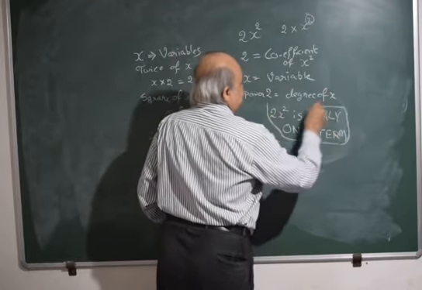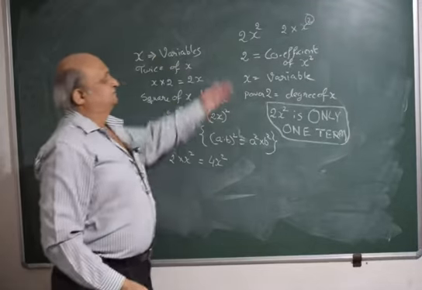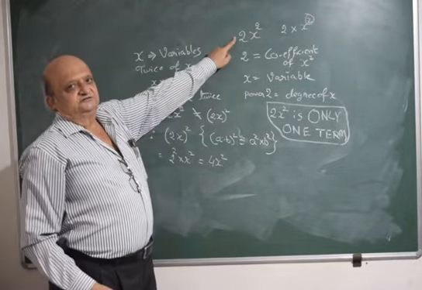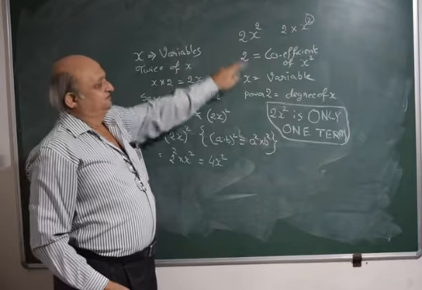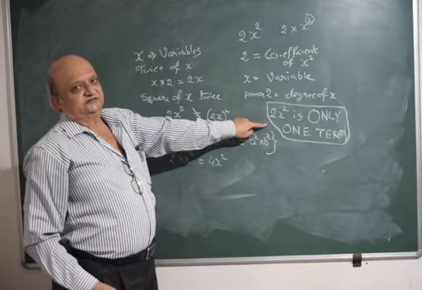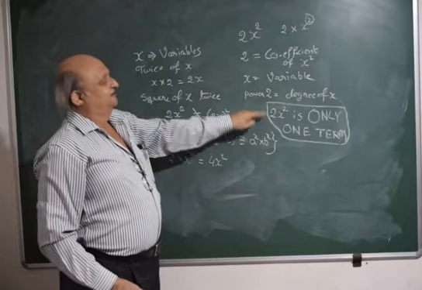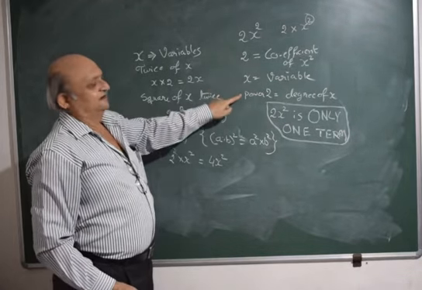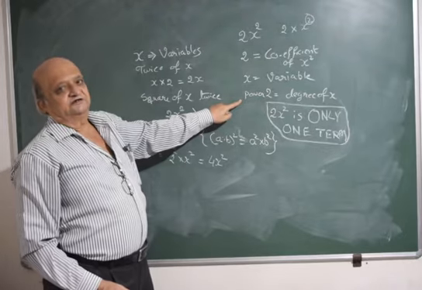This is to be remembered, that though we have 3 components in this, it is only 1/3, and hence any term can have a coefficient, a variable, and the degree of a variable.